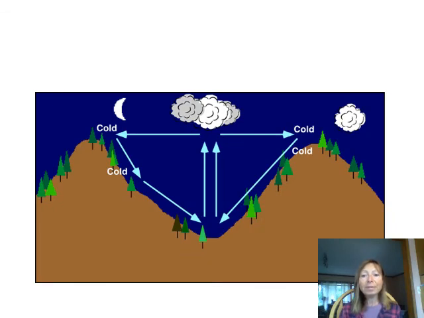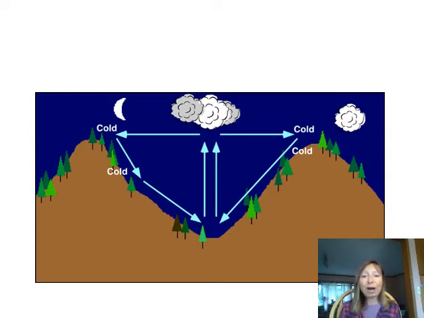At nighttime, exactly the opposite is going to happen, because of this contrast of the temperature and pressure between the bottom of the valley and the tops of the mountains. And so we would see the opposite direction of the breeze, when the cold air would start sinking down, sliding from the top of the mountains down into the valley.